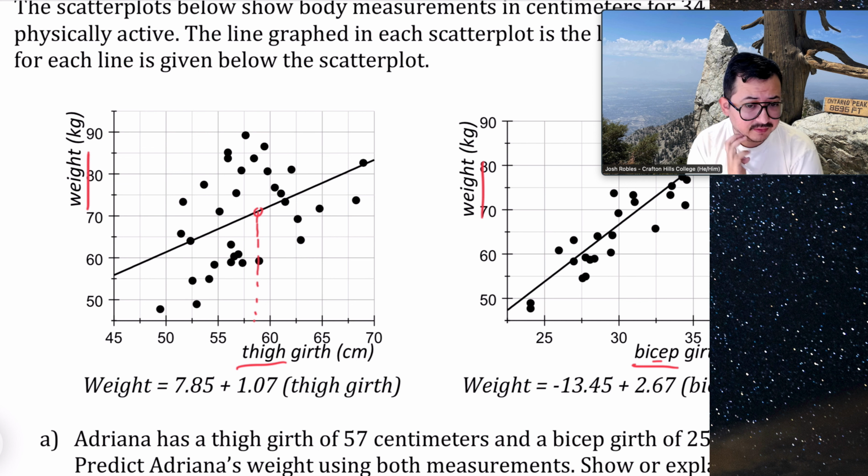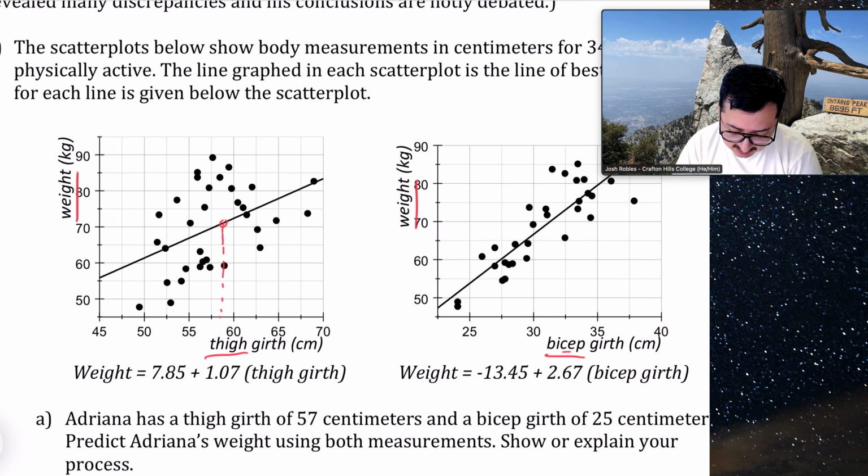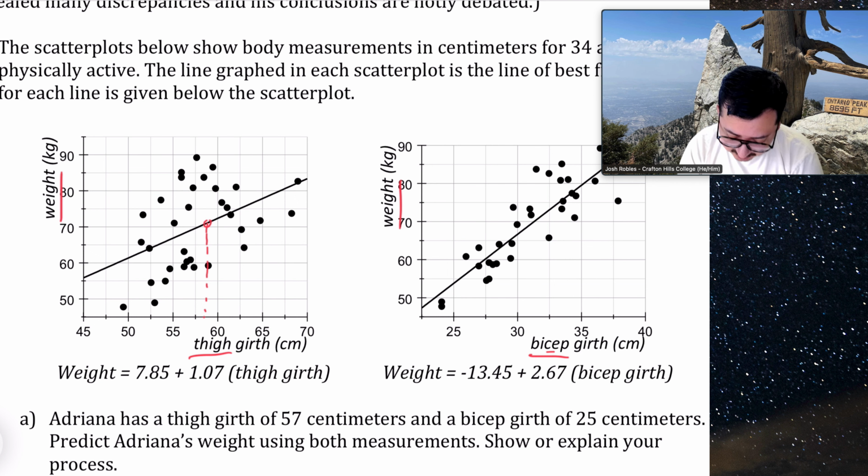We're not going to do that visually. 55, so I might be a little off there. Somewhere right around there. And a bicep of 25, that'll be easy, that's right on the graph. Bicep of 25, there. So you can see, it's going to be somewhere around 70, and then somewhere around 55.